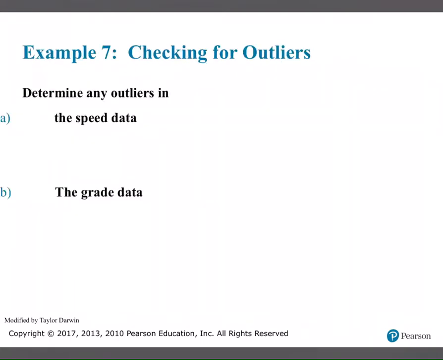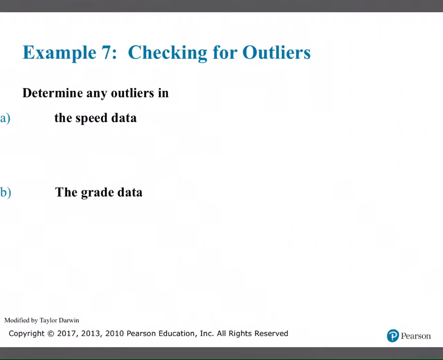Okay, it says determine any outliers for the data that we were given. So it's going to be kind of hard to do this without the data right here if I've already done it. So if you want to go back and take a picture of that data, that's fine. Go ahead and do that. And if not, you can just stay with me.